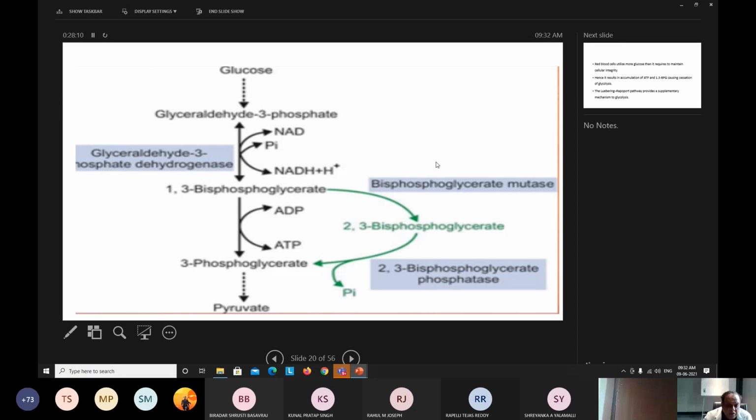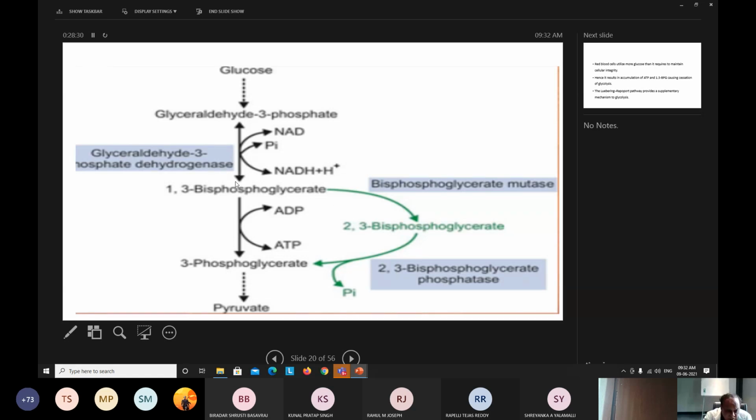Here you can see that the pathway is from glucose to pyruvate. What happens once glyceraldehyde 3-phosphate splitting has taken place? 1,3-bisphosphoglycerate is formed.